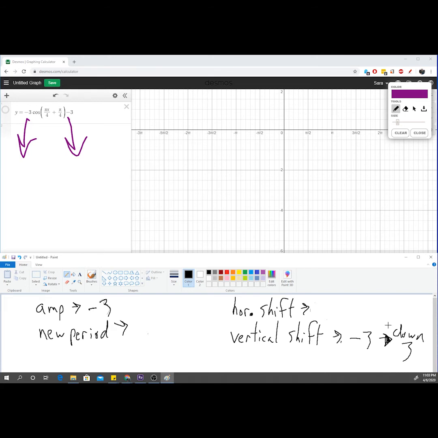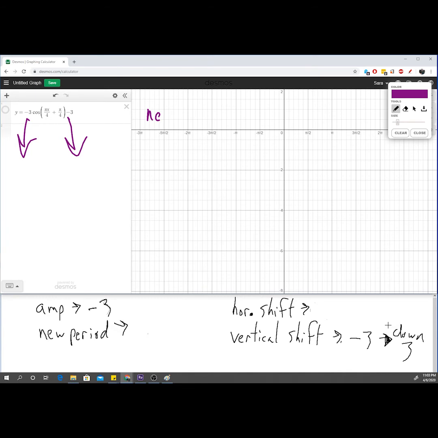So for the new period, and you can go in either order for these, it really doesn't matter. I'm going to set my pi x over 4, or bx, equal to the normal period for my cosine function.